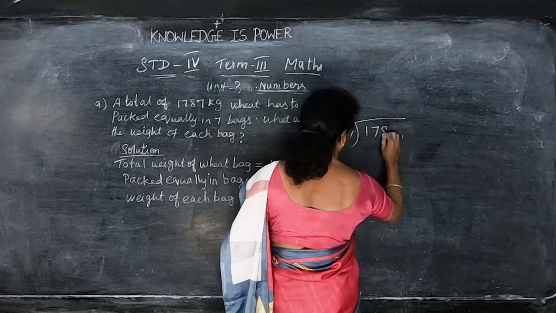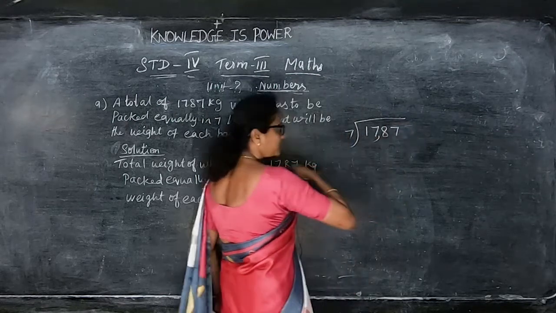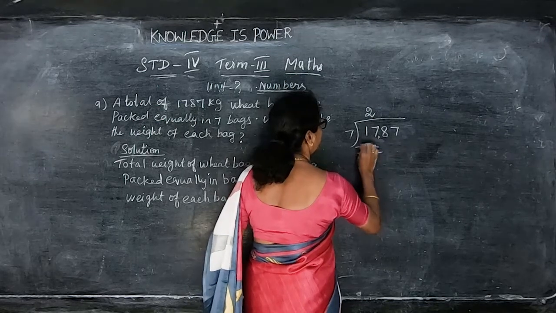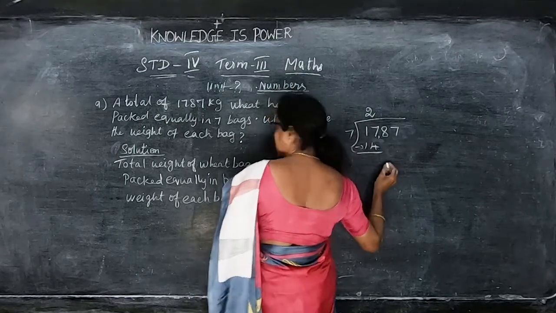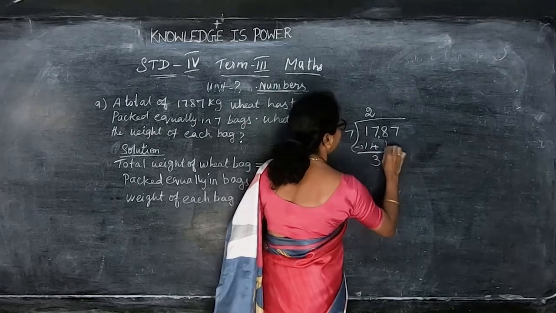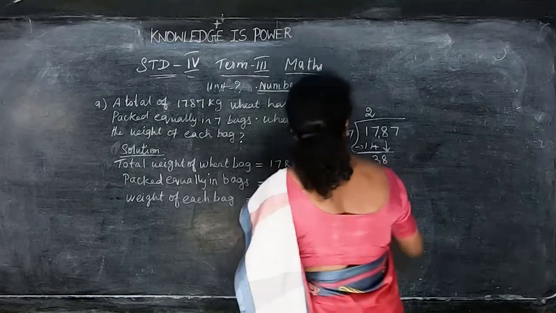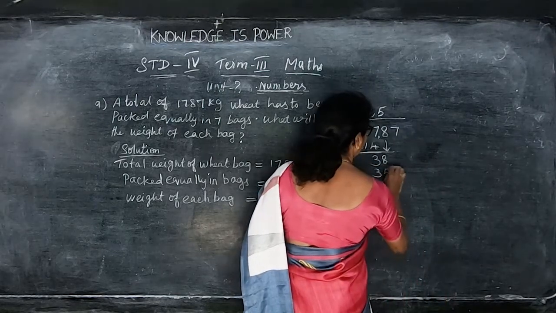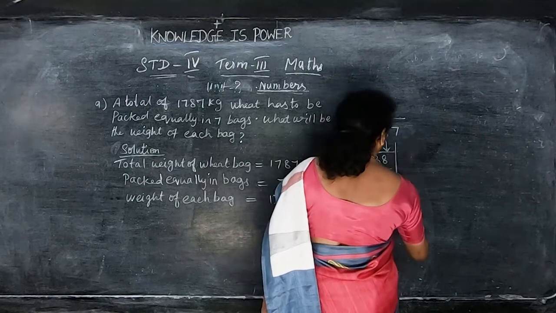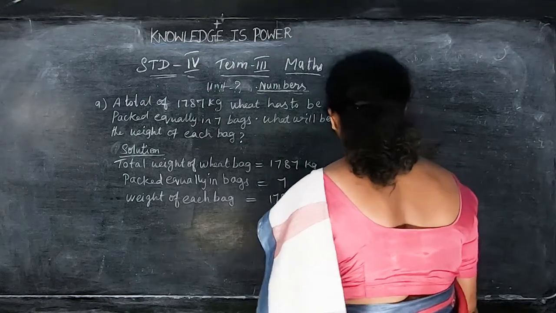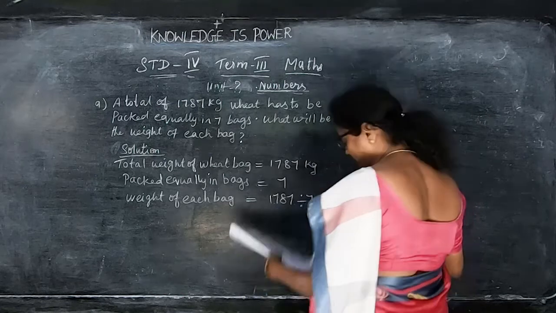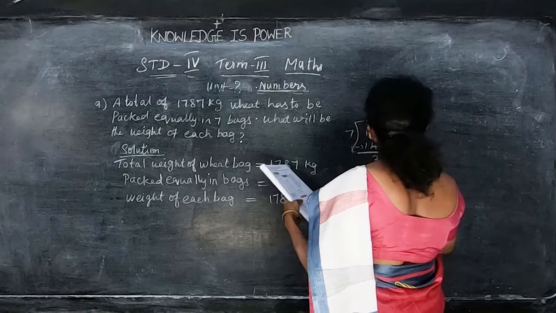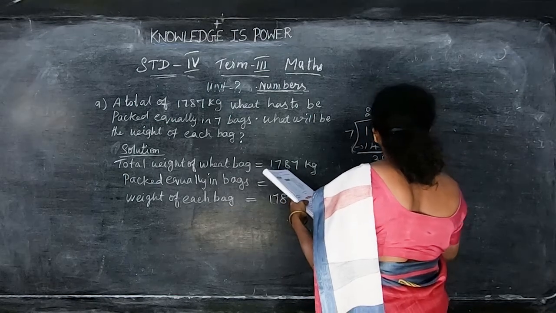7 ones are 7. We can take the 2-digit numbers. 7 twos are 14. So if you minus it, 1 minus 4, that is 3. And this is 8. 7 fives are 35. So 8 la 5 pochina, that gives you 3. And this is 7. Numbers 38. 7 5s are 35. 37.